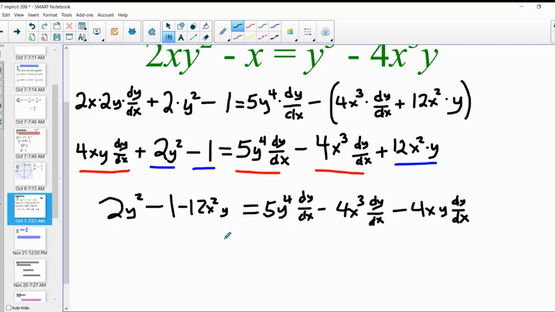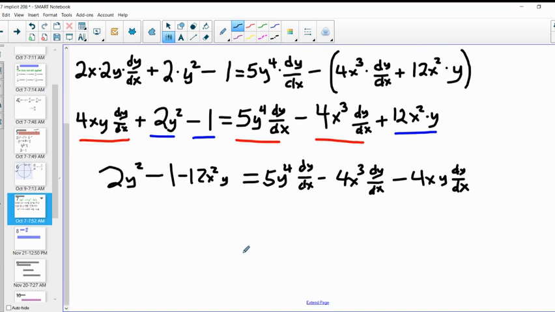So what I've done at this point is I've isolated, we could think of them as like terms. Dy dx is on one side of the equation, terms that don't on the other side. If I was with you, I would suggest, what can we do since all of the terms have dy dx on the right side?